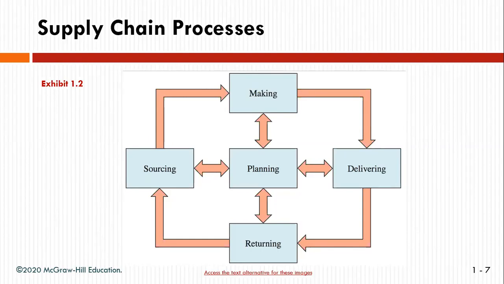So you have a plan of how you're going to get your sources from which suppliers, and then a plan of how to make these products, how you deliver them, and how you return the product if there is something defective in it.